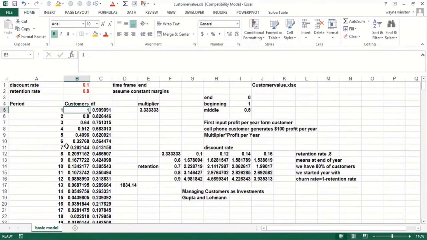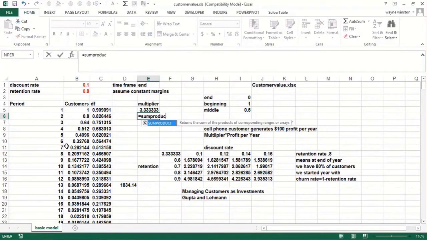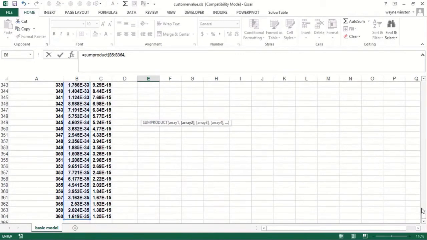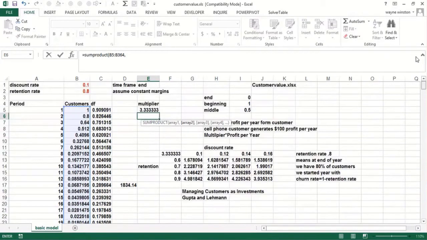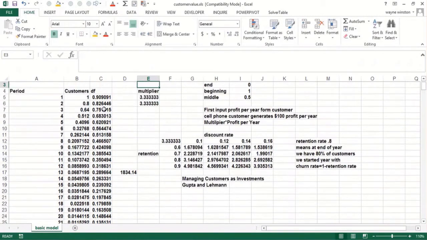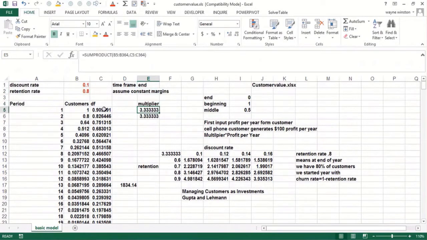And if you want to multiply column B times column C, cell by cell, there's a function, SUMPRODUCT. SUMPRODUCT will take everything in a row or column times another row or column. So I would take SUMPRODUCT there, then put a comma, and take SUMPRODUCT there. That's basically how I get to multiply. Okay, so we'll do an example of this in a second before we do the sensitivity analysis.